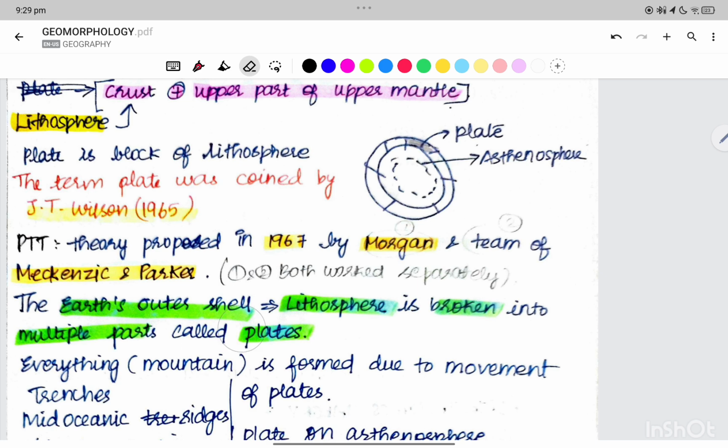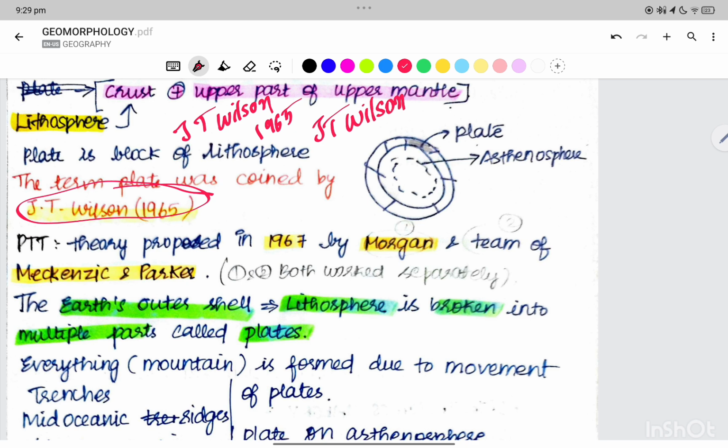The term plate was coined by J.T. Wilson in 1965. In 1967, we have Morgan separately, and then McKenzie and Parker.